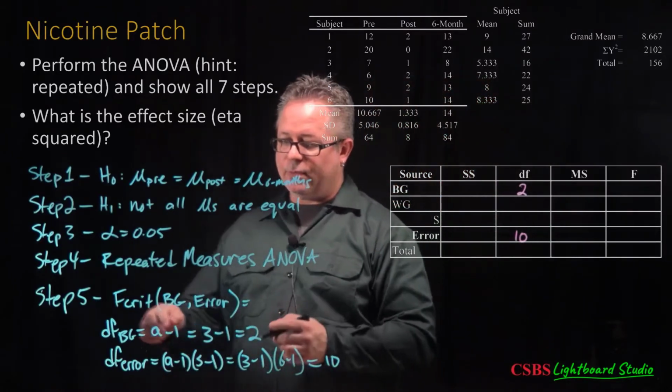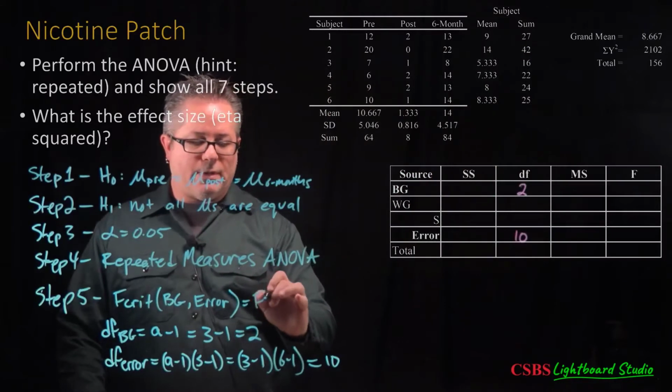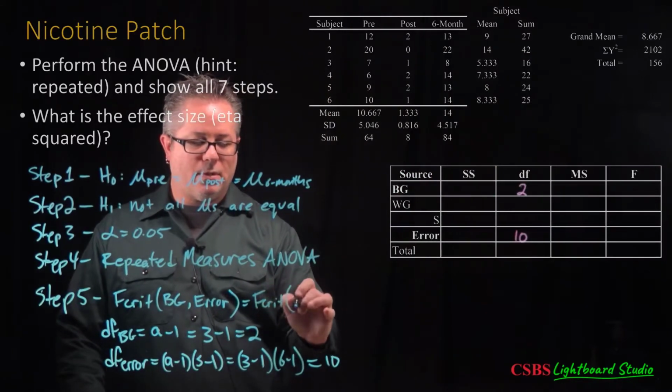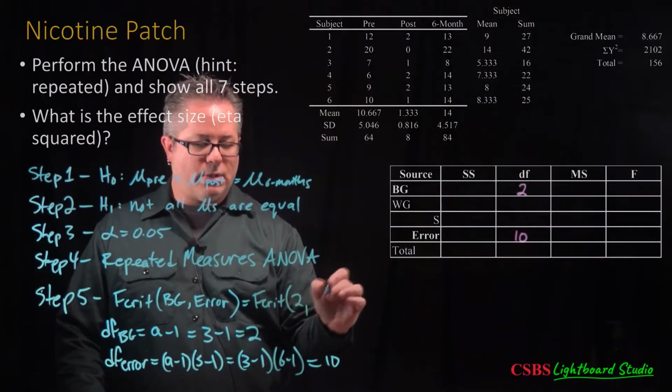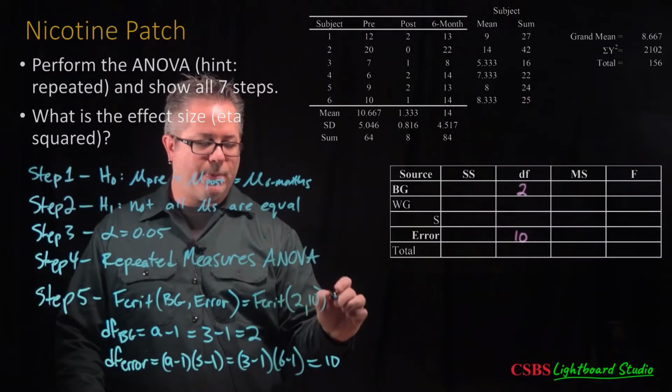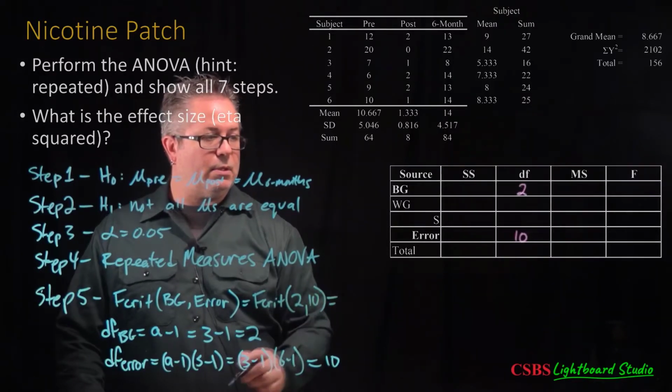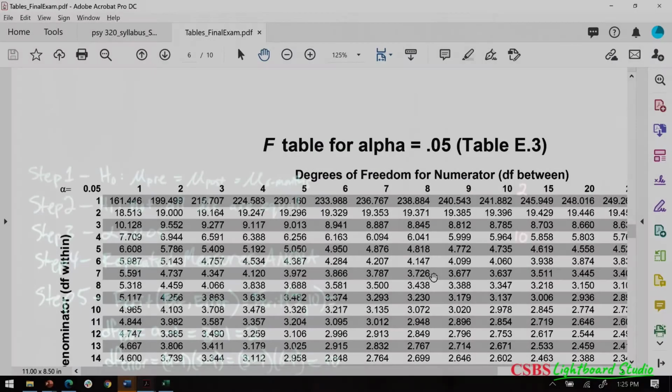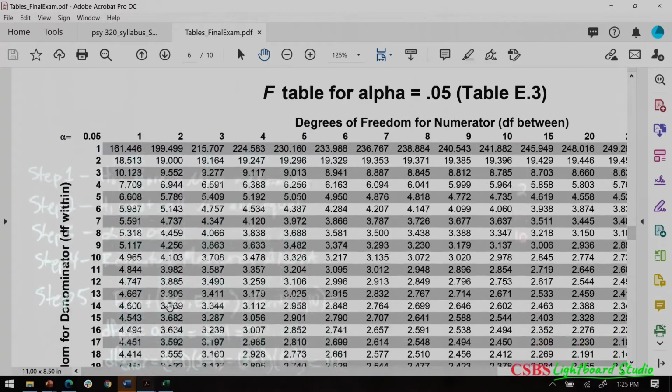So it means we need F crit with 2 and 10 degrees of freedom. It's something we need to look up on the table. So here's the F table again. And we said we had 2 degrees of freedom between and 10 for error. Let me scroll up maybe a little bit.